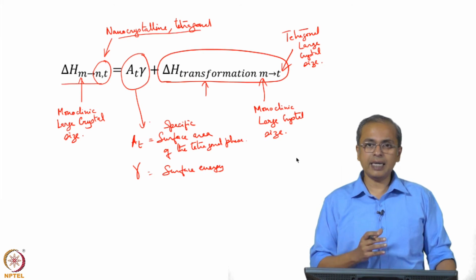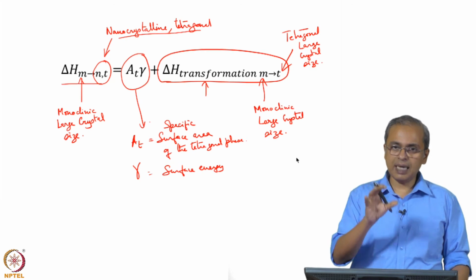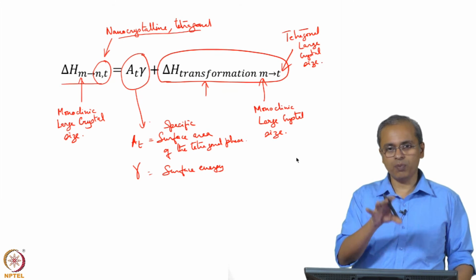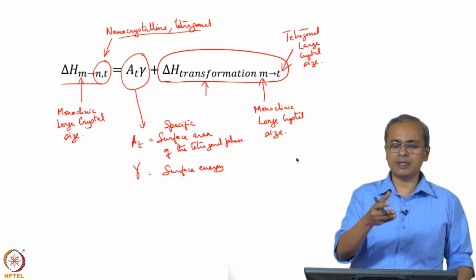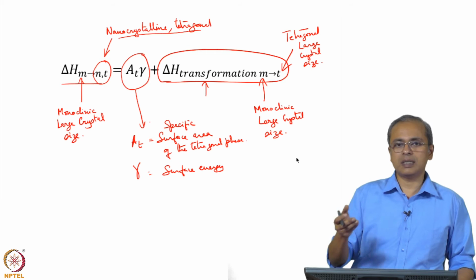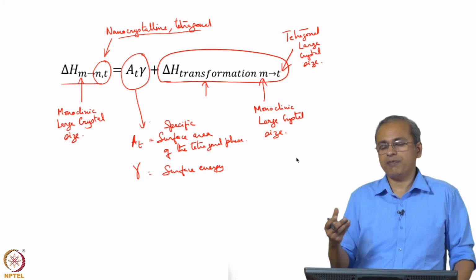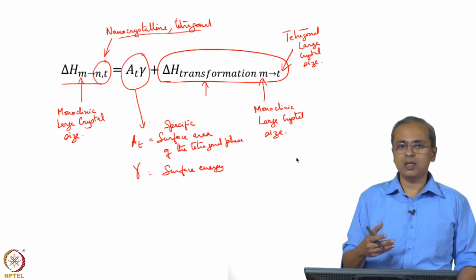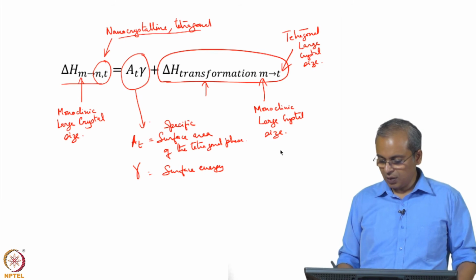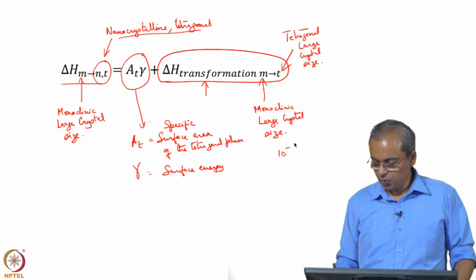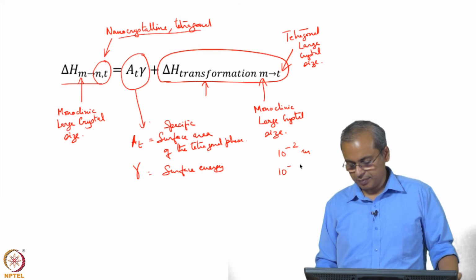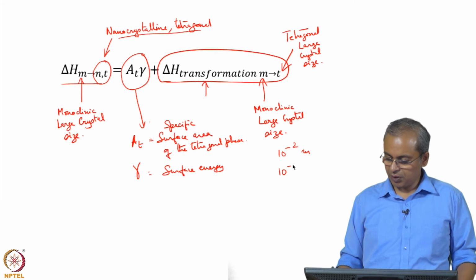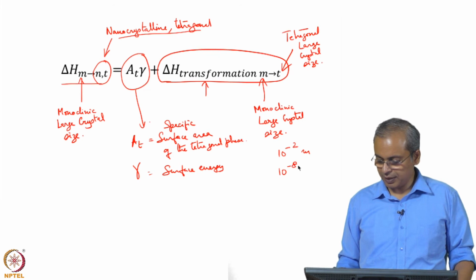So, the area goes up dramatically for the same weight of the material, the same number of moles of the material, when you go from a crystal size of say 1 centimeter to a crystal size of say 50 nanometers or 100 nanometers, right. So, you are looking at going from 10 power minus 2 meters to, let us say, 10 power minus 8 meters.